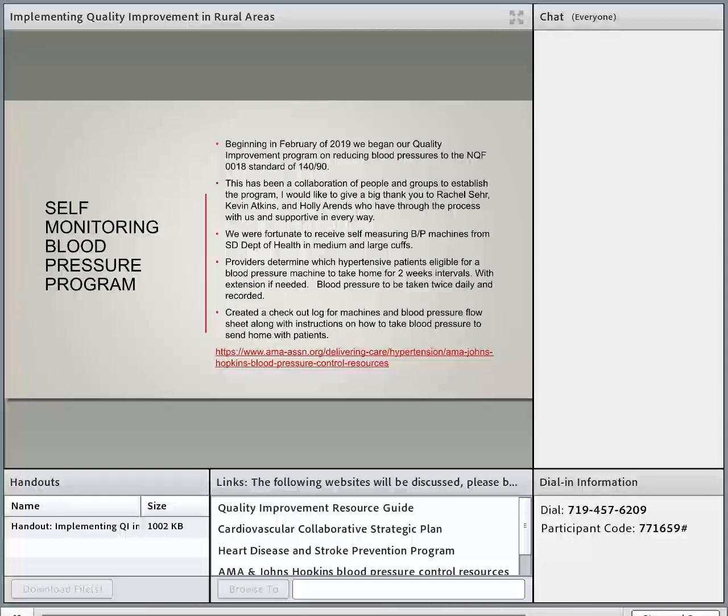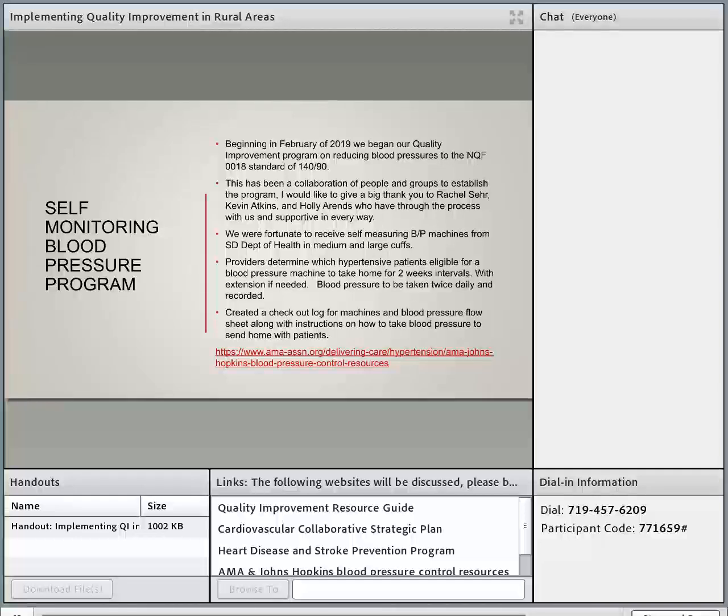We are fortunate to have received self-measuring blood pressure machines from the Department of Health in both medium and large cuffs, which we can distribute to patients of newly diagnosed hypertension, uncontrolled hypertension, and it's been a great program for us.